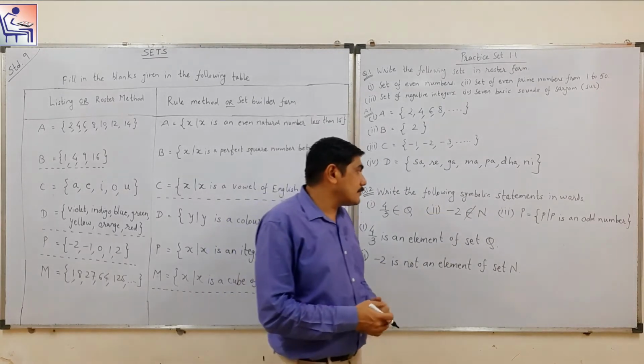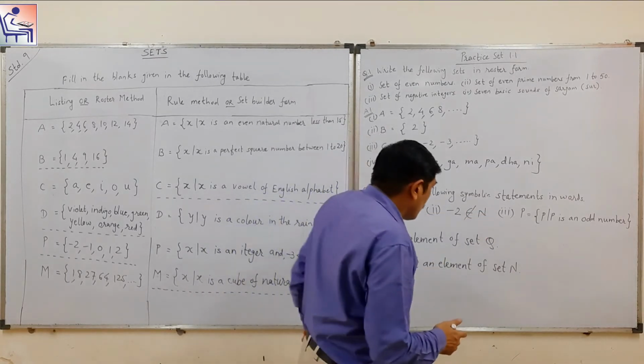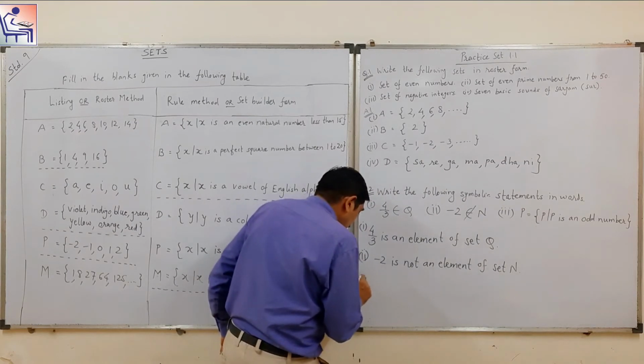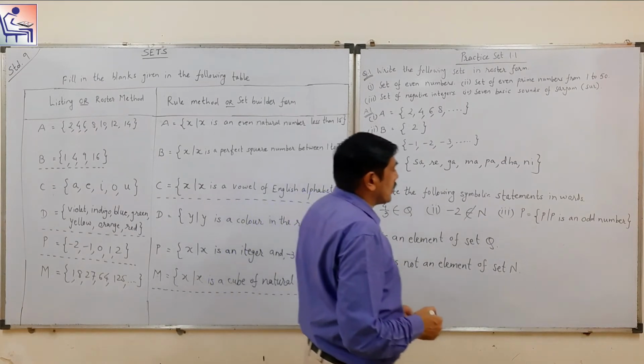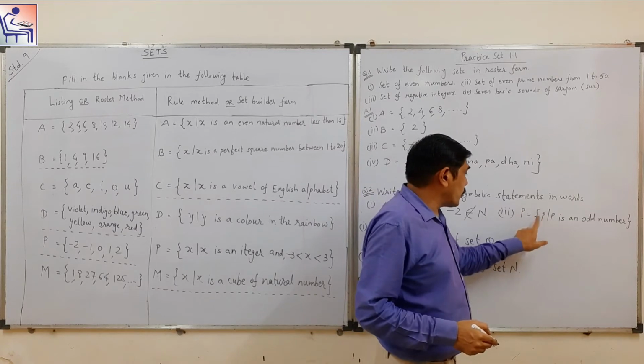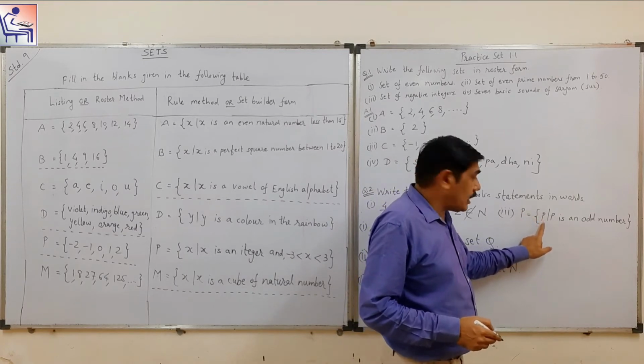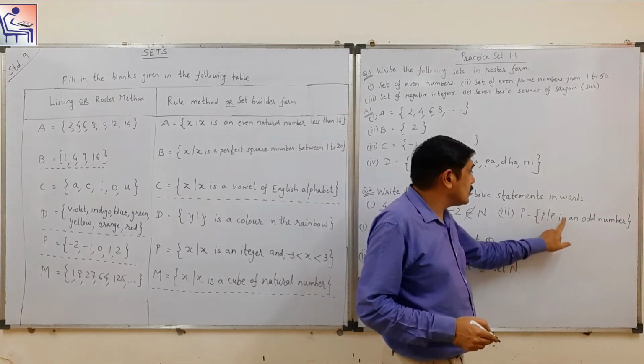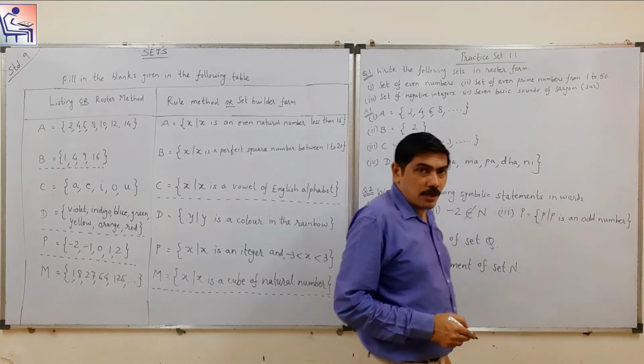Now the third one. Here it is given that P is a set of all p such that p is an odd number.